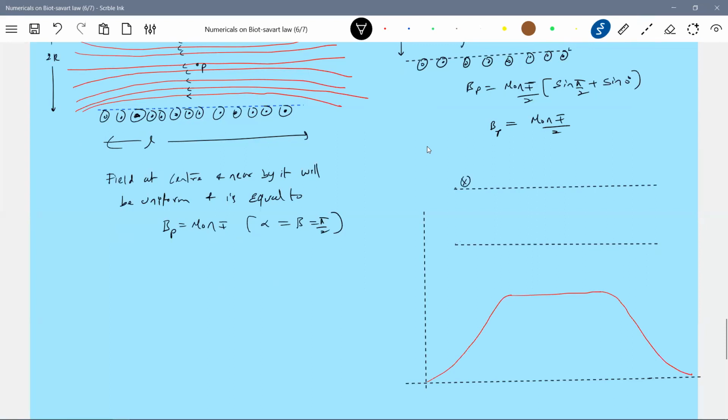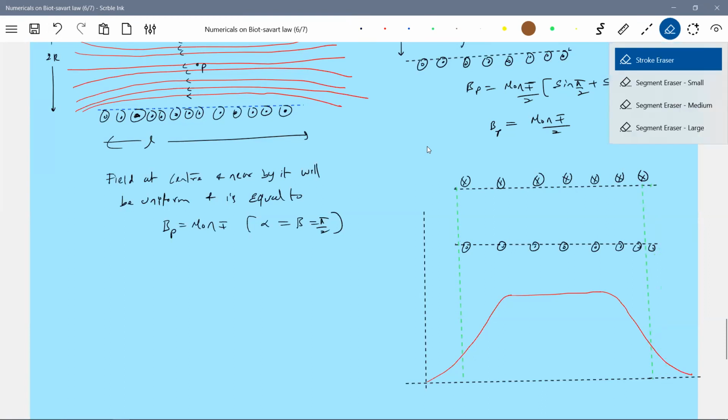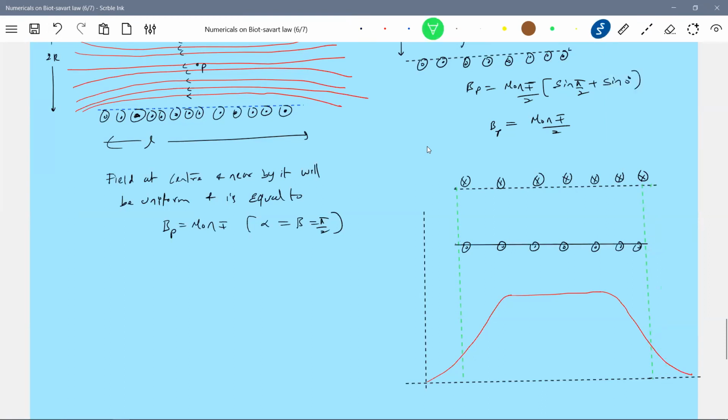Once we get it, then we can enter into the numericals. Drawing diagrams in physics will take more time.